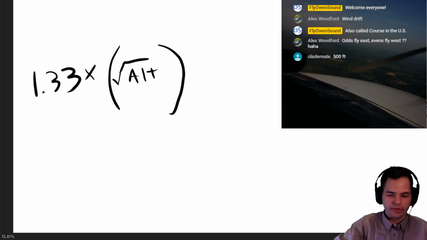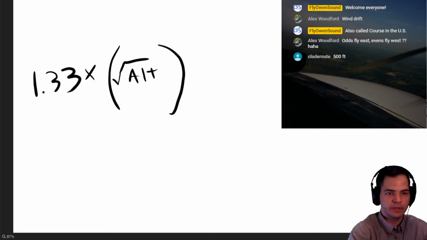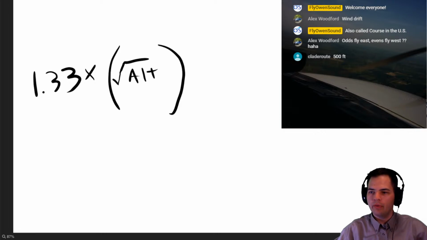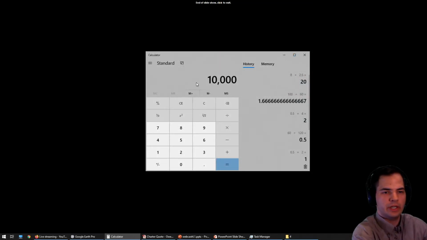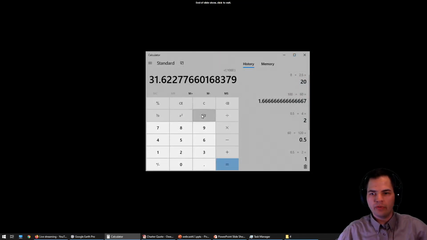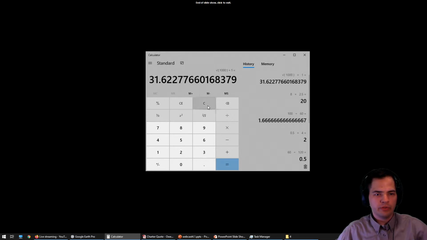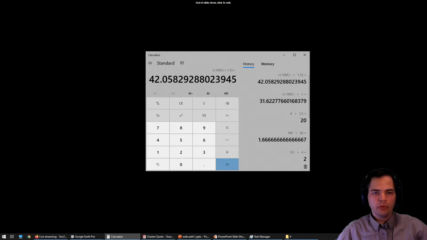So 1,000 feet, square root of that, because remember, square root of the altitude. So the square root of 1,000 gives me 31 and change, times 1.33. Square root of 1,000 times 1.33 equals 42 and a bit.